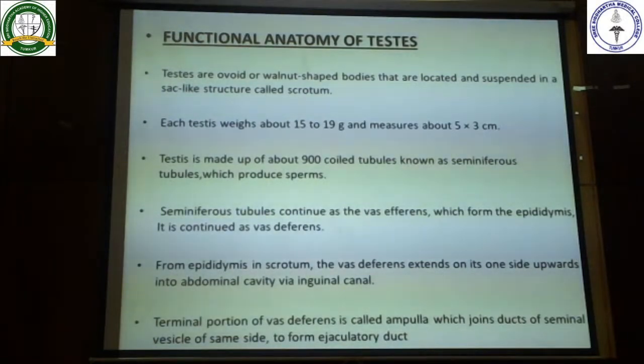It is going to join the duct of the accessory male reproductive organ, the seminal vesicle, on the same side, to form the ejaculatory duct, which again opens into the urethra.